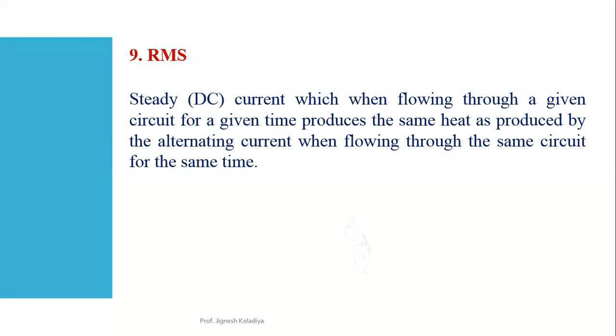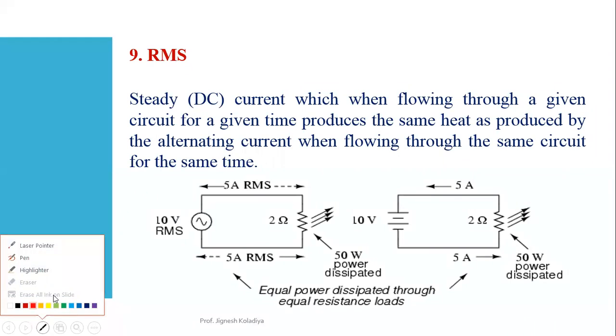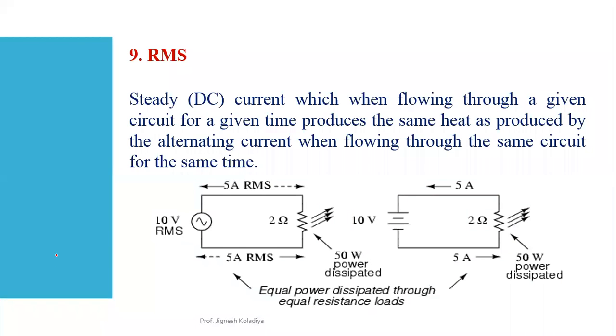Okay, so let me just give you the highlight of RMS value again, and then we will start the graphical and analytical method to find the RMS value. So basically, when you apply a DC current into the circuit for a particular amount of time, it produces heat.